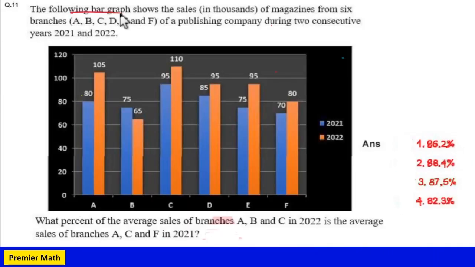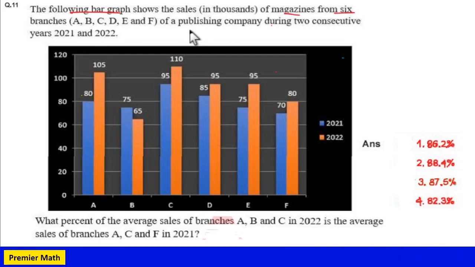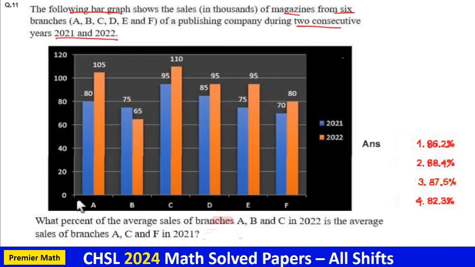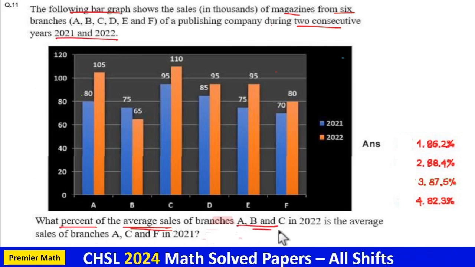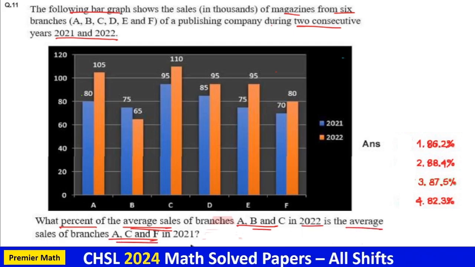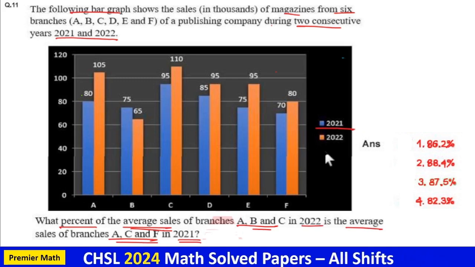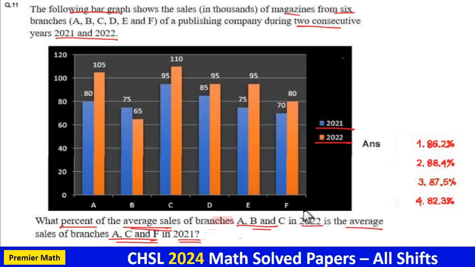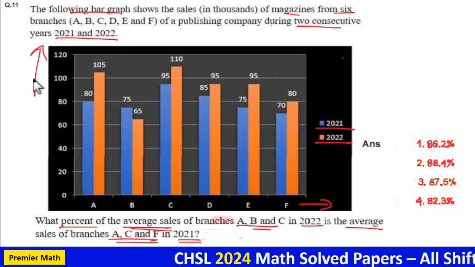The following bar graph shows sales of magazines from 6 branches of a publishing company during 2 consecutive years, 2021 and 2022. What percentage of average sales of branches ABC in 2022 is the average sales of branches ACF in 2021? Here 2021 shows blue bars and 2022 shows orange bars. Now x-axis shows magazines and y-axis shows percentage sales.